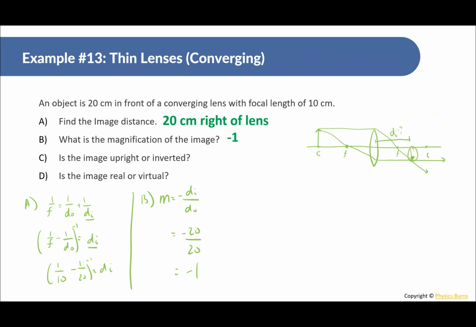What is the magnification? -1. Is the image upright or inverted? It is inverted because of the negative sign that shows us, and also in our drawing. Is the image real or virtual? It is real because it is on the opposite side of the thin lens. Okay? Alright, so moving on.